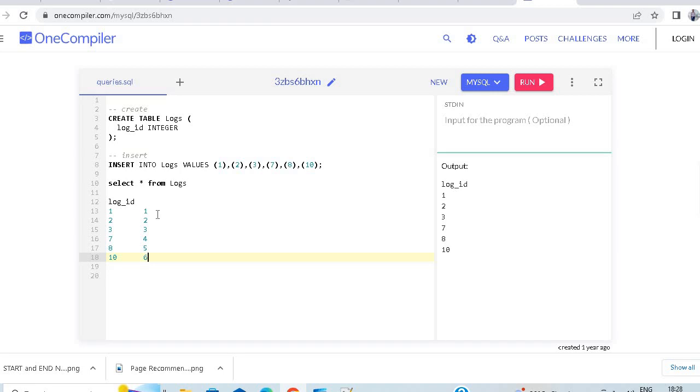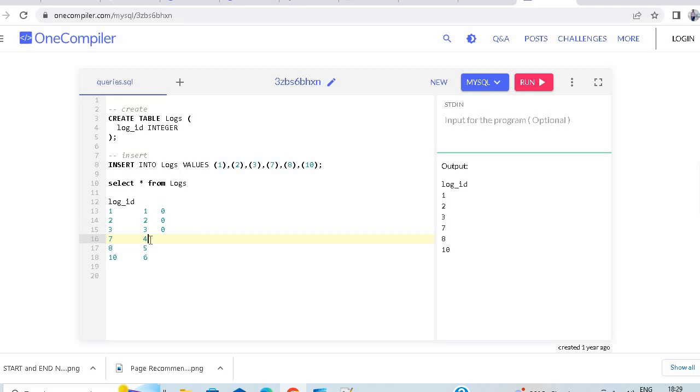How? If I subtract this number from the log id, I will get 0. If I subtract 2 it will also be 0, and 3 minus 3 is also 0.